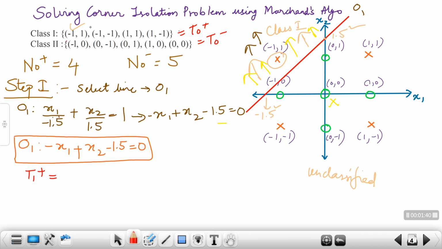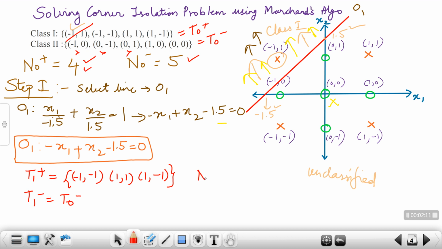From T0 plus, this particular pattern is classified, so we are left with -1, -1, 1, 1 and 1, -1. Is any pattern being classified from T0 minus? None of these patterns are classified, so T1 minus is the same as T0 minus. Initially, how many patterns were there in class 1? 4, and in class 2? 5. Now one of these patterns is already classified here.